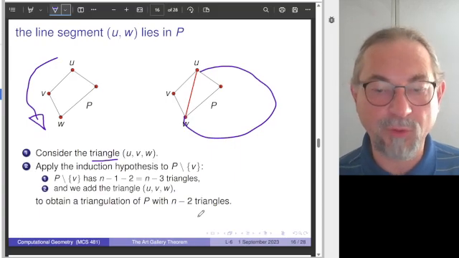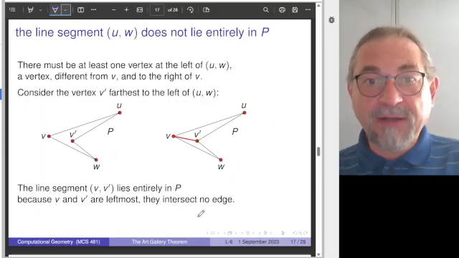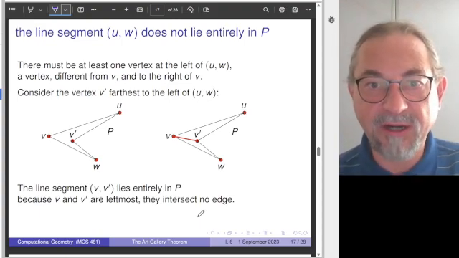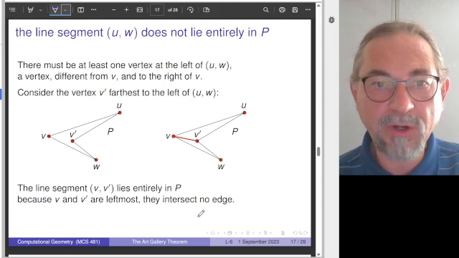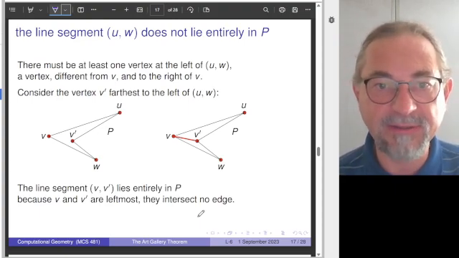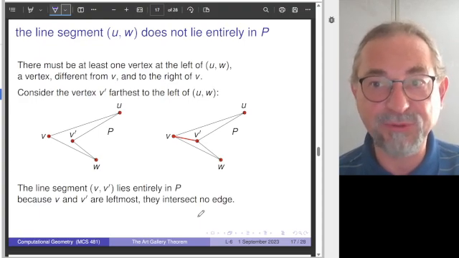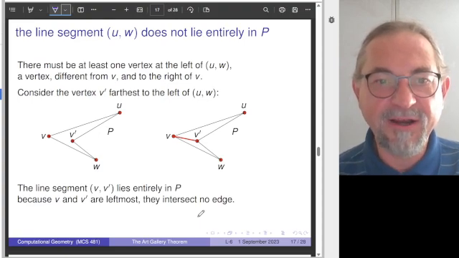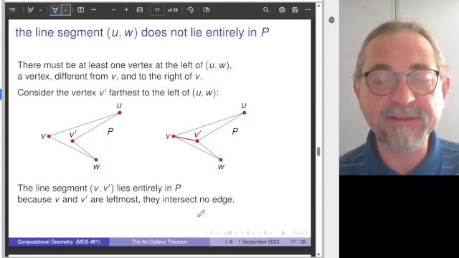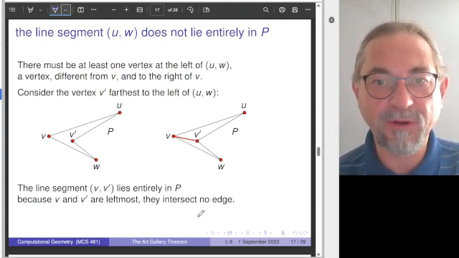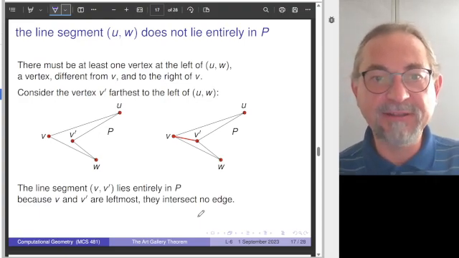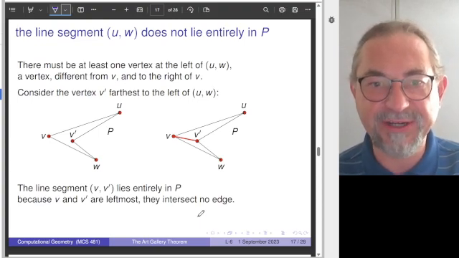Okay, but we still have more work to do. What about the case when the line segment does not entirely lie inside the polygon? If that is the case, then it's time to give that pesky anonymous vertex a name. There is a vertex that is actually farthest to the left of UW, and it's not V, so that's important. So there is such a vertex here.